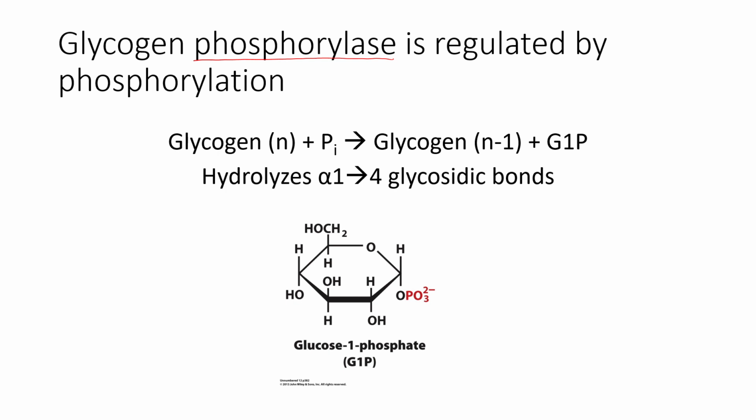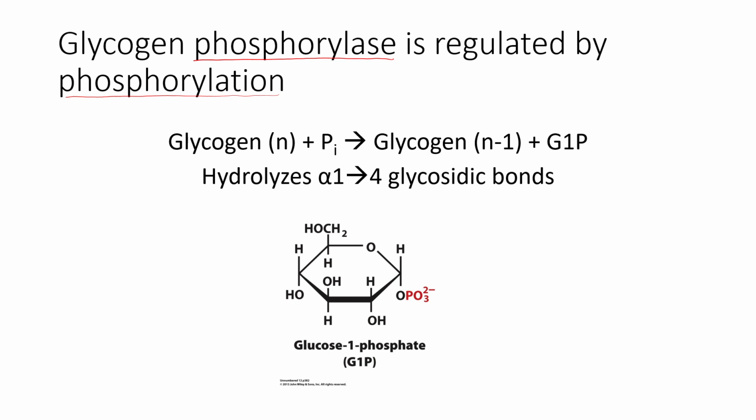It's going to carry out a reaction that we'll talk about in a moment, but that enzyme itself, this enzyme that's called a phosphorylase, is regulated by phosphorylation, which is the addition of a phosphate group. So let's talk about one of those differences, which is what does a phosphorylase enzyme do, and how is that different from phosphorylation? And then on the next slide, we'll go over the similarities and differences between all these enzymes.